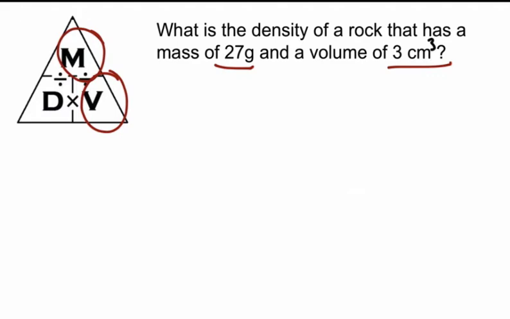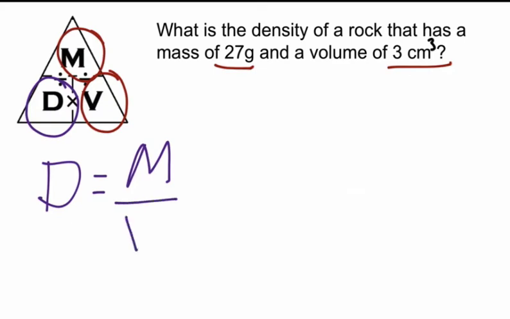If I just look at the triangle itself, what I notice is that I'm solving for density. Density is at the bottom of the triangle, and right next to it you have volume, and on top of volume is mass, so density is going to equal mass divided by volume.